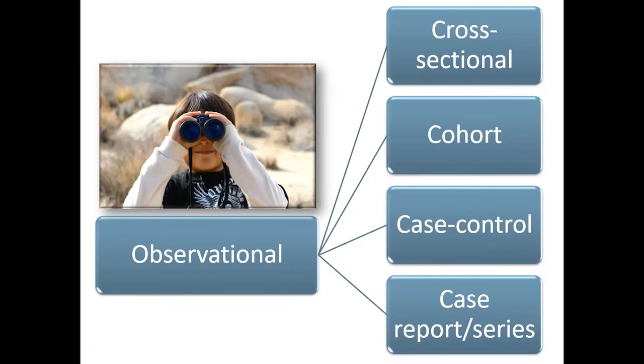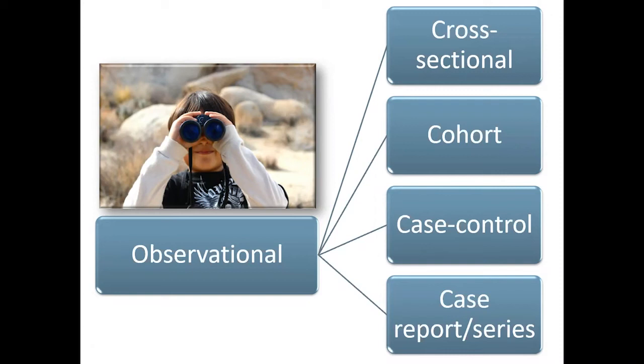Case control studies are used to evaluate very rare or emerging disorders, and those with long times between exposure and outcomes. They're used to compare long-term exposures in a group with a specific outcome and match them to people without that specific outcome, and then see what the exposures were backward in time.